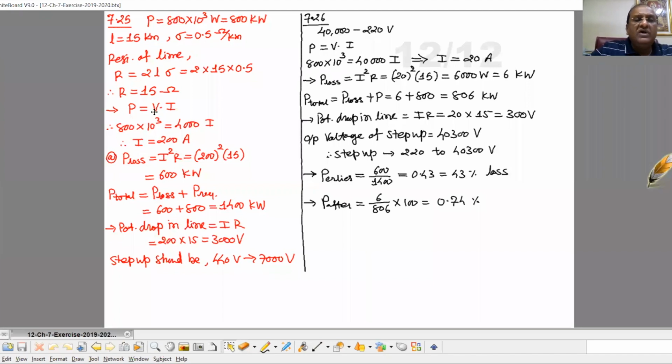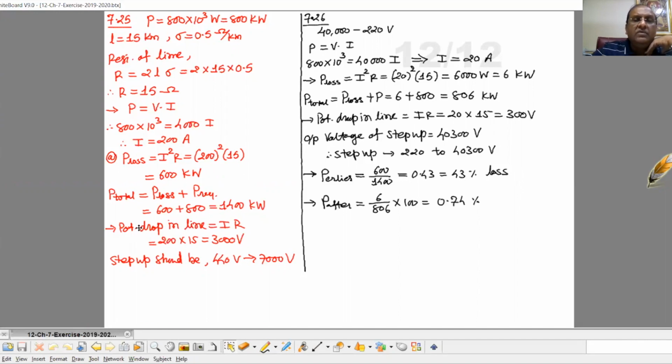So voltage that is 4000. So current obtained at step down transformer which is at the substation of the village, that is 200 ampere. So power loss, that is I square R. So 200 square into 15. So 600 kilowatt, that is the power loss.